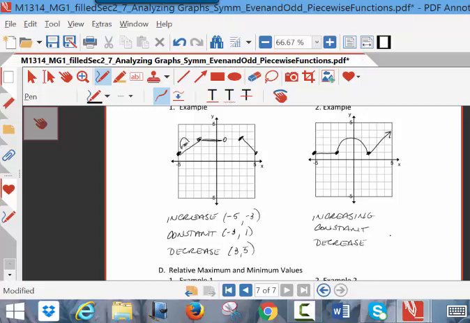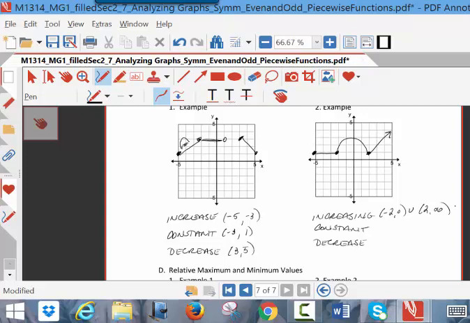There's 2 places it's going up, right? It's going up from between an x value of -2 and 0, and then it's going up where else? 2 to infinity.